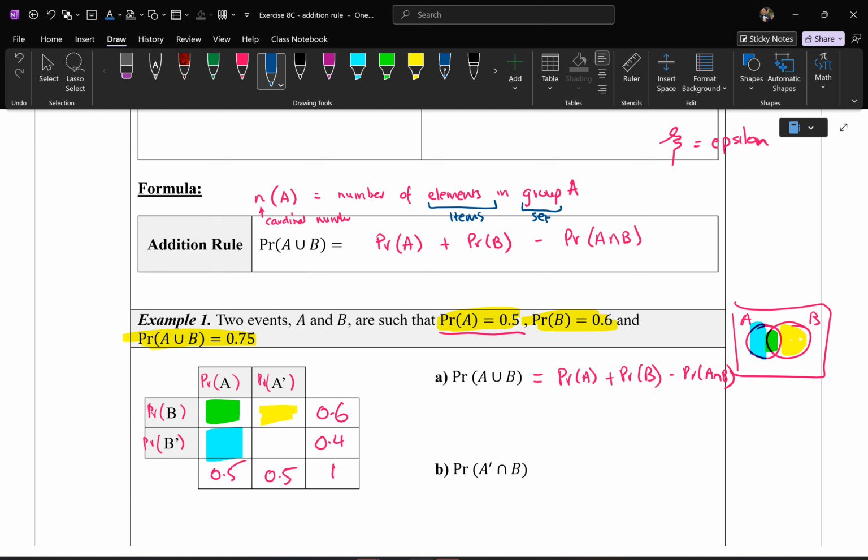So you can also say, well, we know that the total is meant to be 0.75. We know that all of A is 0.5. And we also know all of B is 0.6. So we can now actually work out A intersection B by doing algebra. Let's work it all together. 0.5 plus 0.6 gives you 1.1, but you need 0.75. So what do you minus?